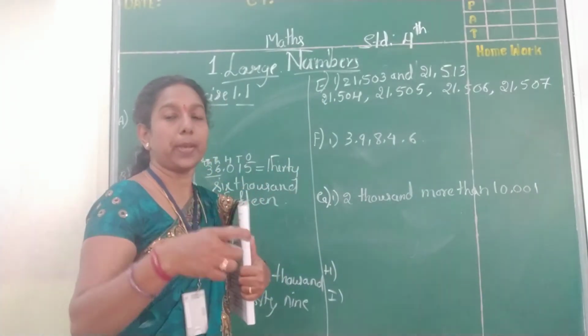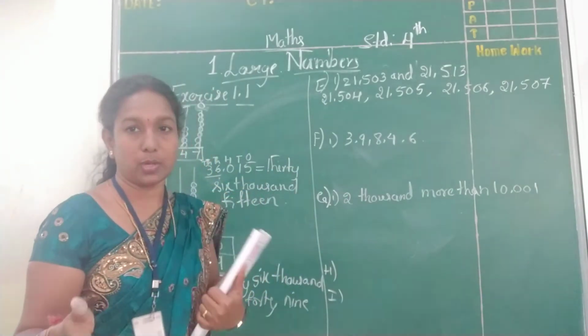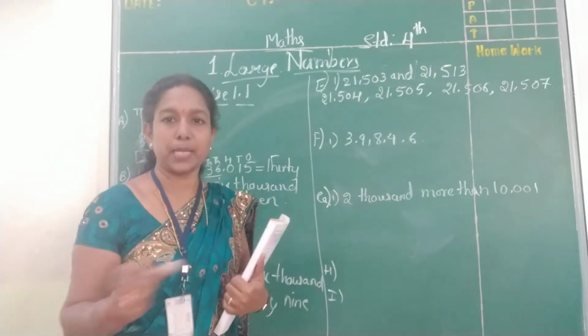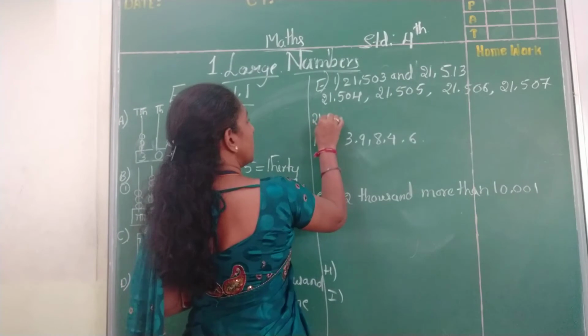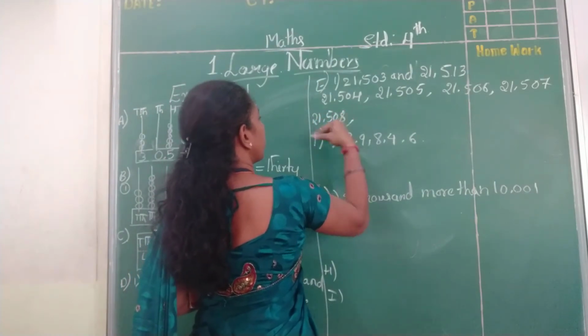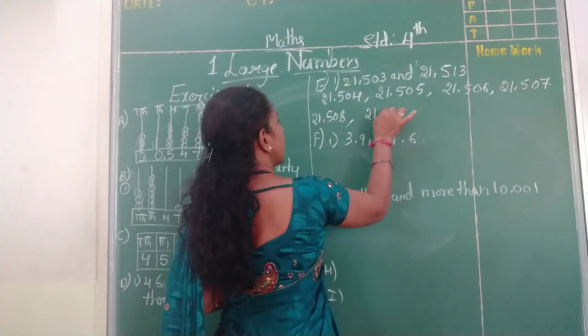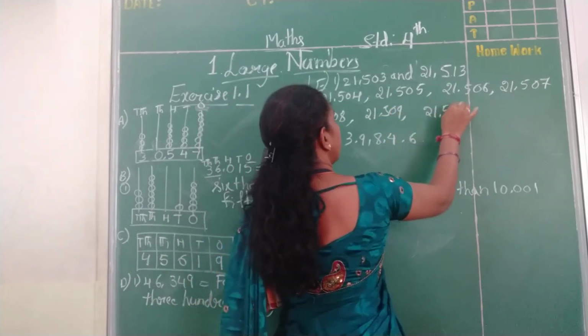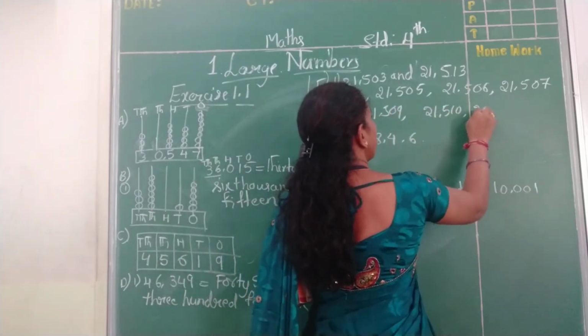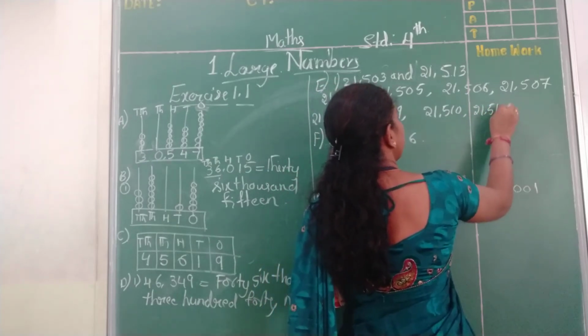If you give space, it will be easy for you also. Here, because of the lack of space, I am writing a little bit closer. Next one, 21,508. Next 21,509. 21,510. 21,511.